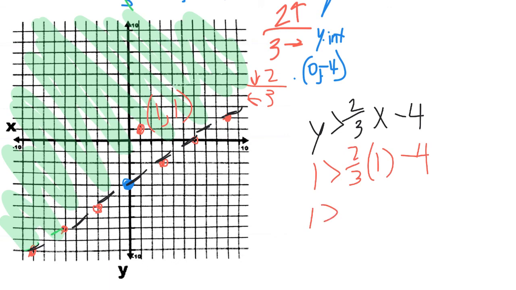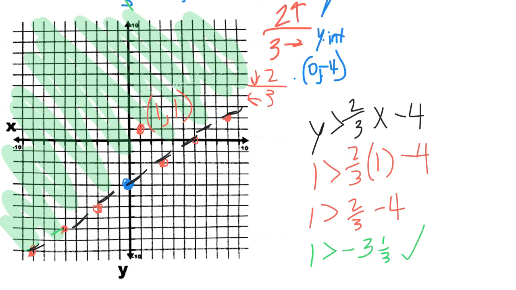On the left, that's already simplified. 2/3 times 1 is just 2/3, and then I have 2/3 minus 4, which gives me -3 and 1/3. And that is a true statement: 1 is greater than -3 and 1/3. So that point (1, 1) is part of the solution set.